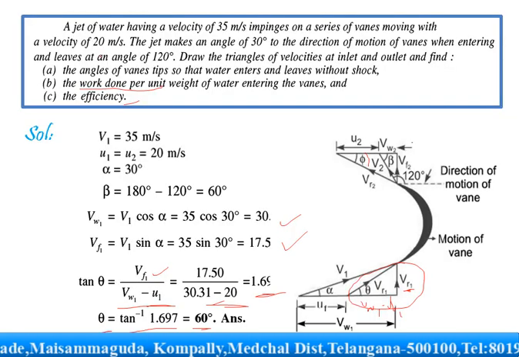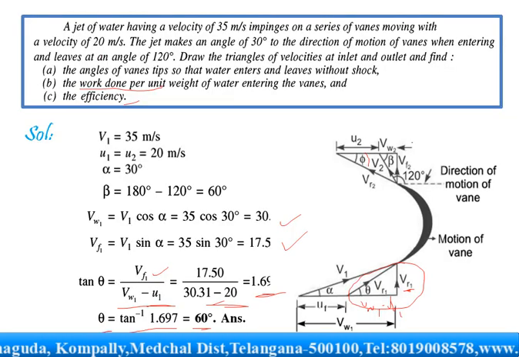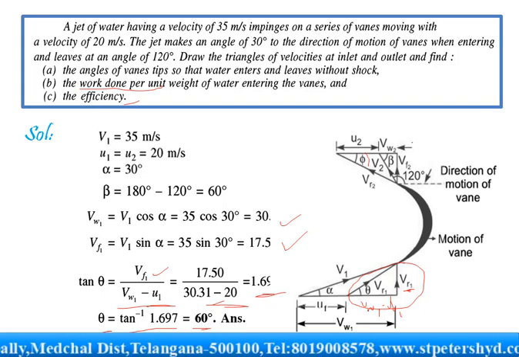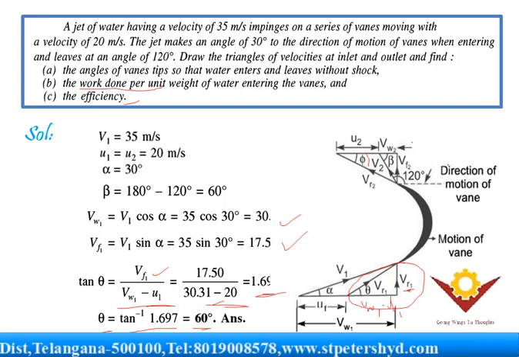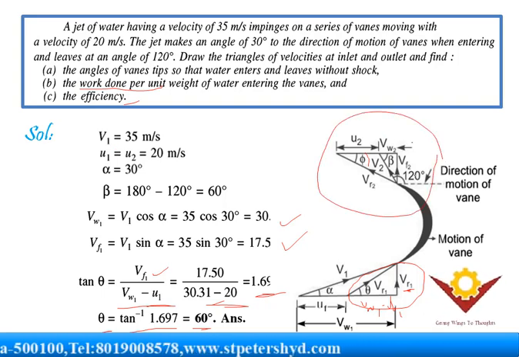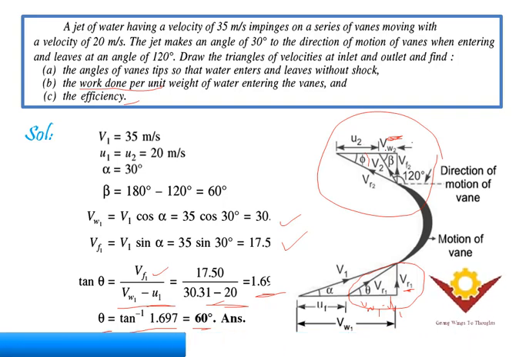See here, from these particular outlet triangles, what we require is this VW. Now what is this VW? If you want this particular value, first what is this total value? VW2 plus U2.